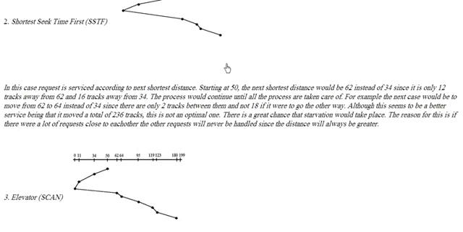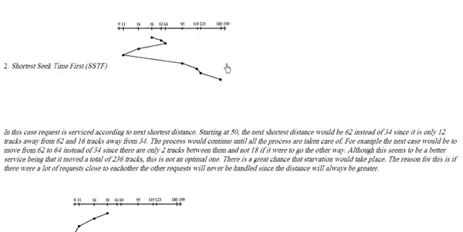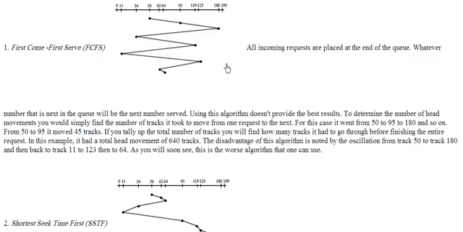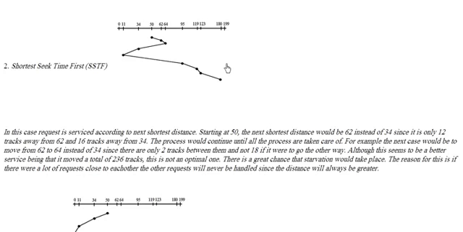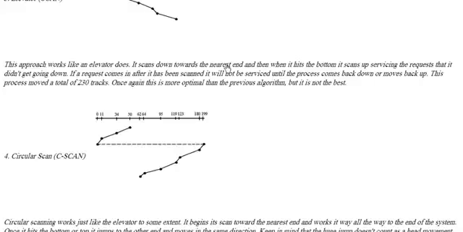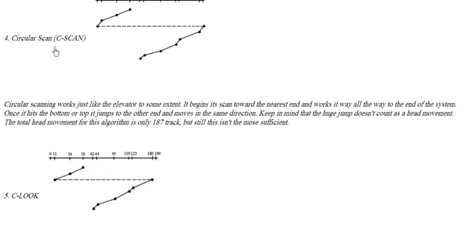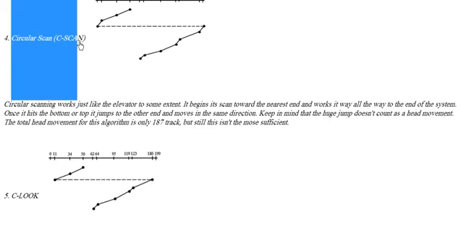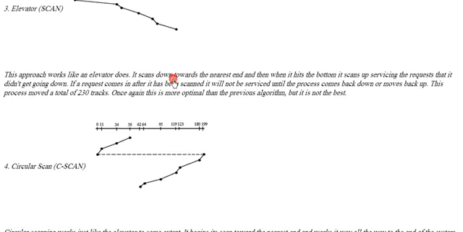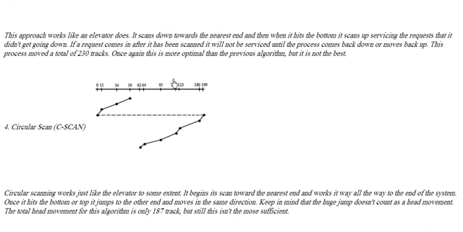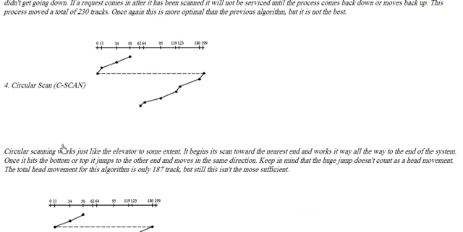So until now we have three algorithms: first come first served, shortest seek time first, and elevator. And finally, or not finally, the circular scan, or C-scan. In C-scan they use a different approach. C-scan is known as the circular scan. I have difficulty pronouncing this.